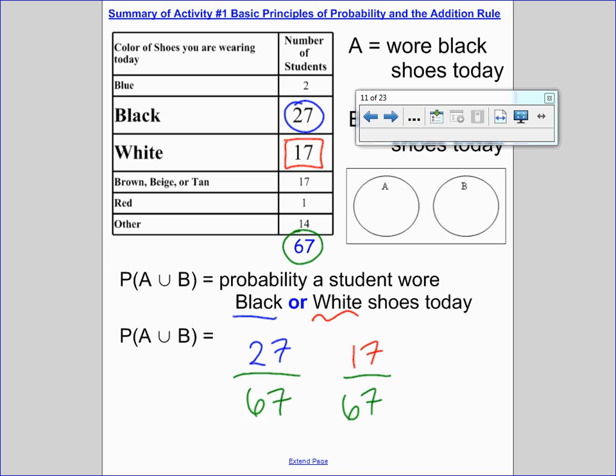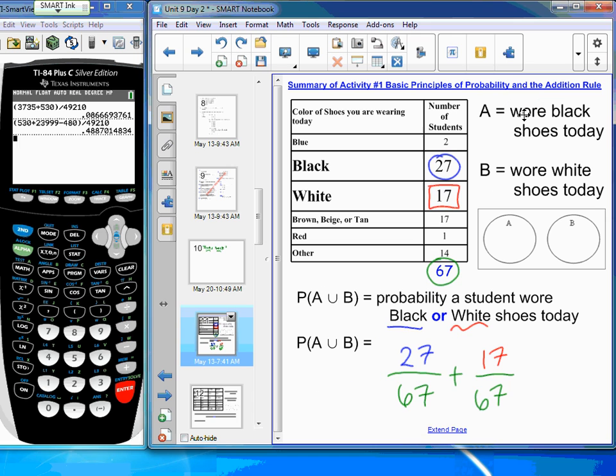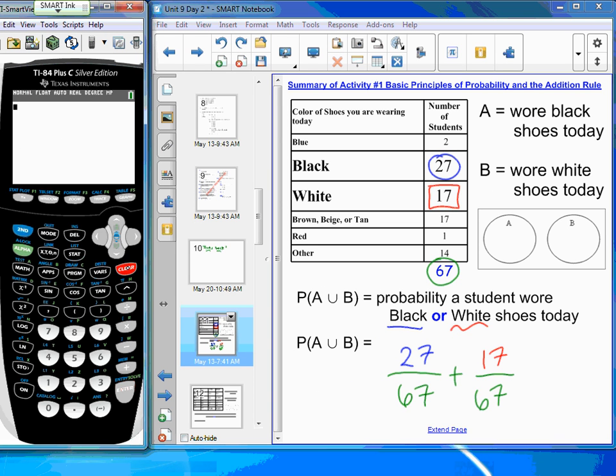And that's the addition rule: we simply add these individual probabilities together. So again, I'll go to the calculator. Same denominators, so I could do 27 plus 17, close, all out of 67. Voila! Looks like about a 65.7% chance.